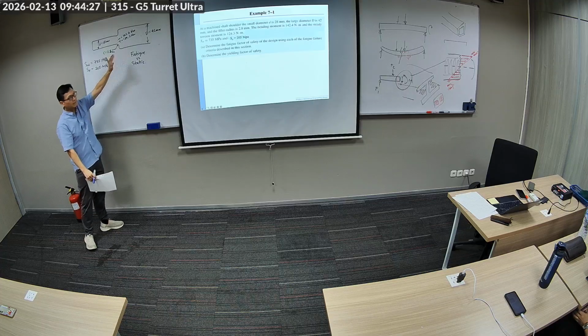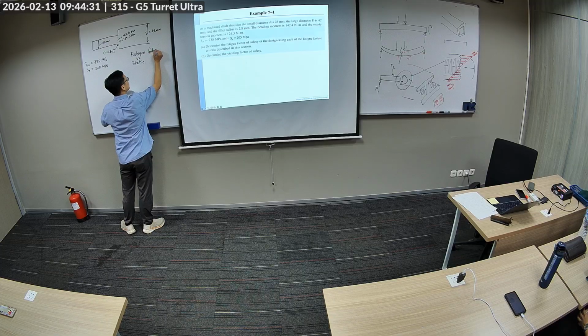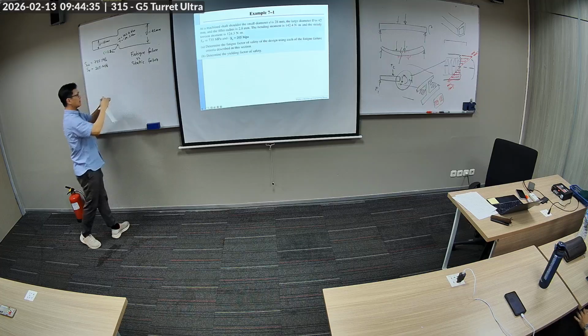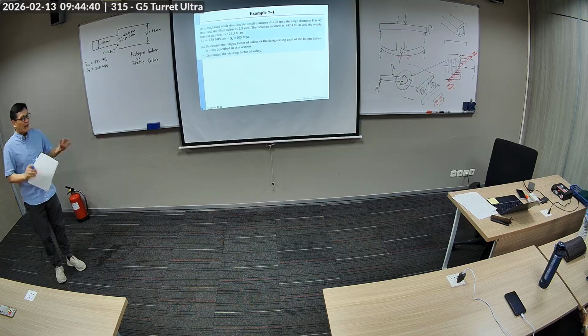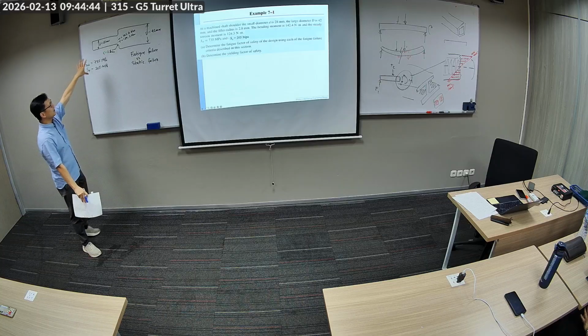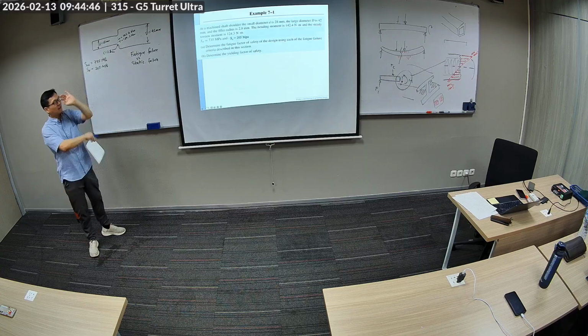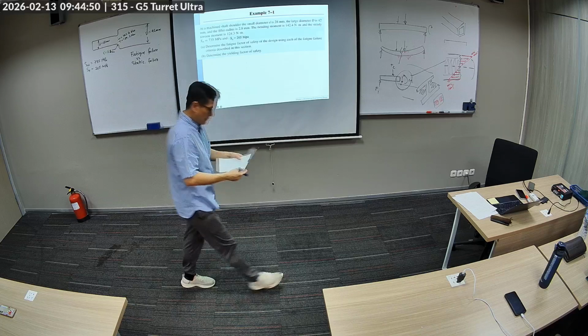So fatigue versus static failure. In the textbook, we discussed this in chapter 1, but I skipped that. I'm a practical guy, so I teach by example. Once we get into the example, I'll explain to you what these are. Okay? So, let's proceed.